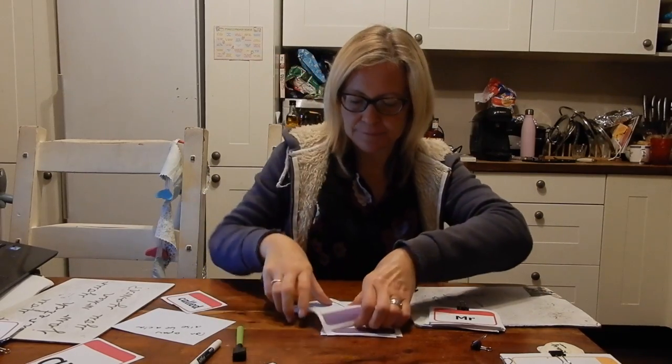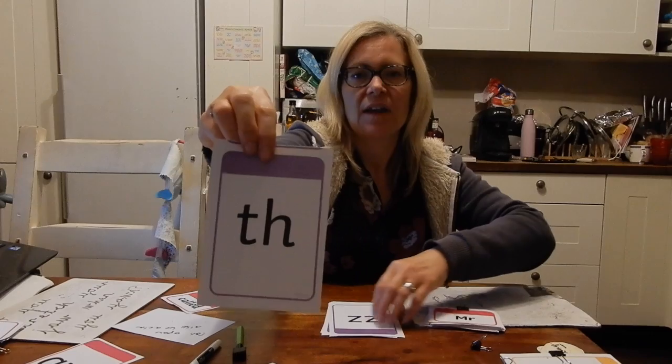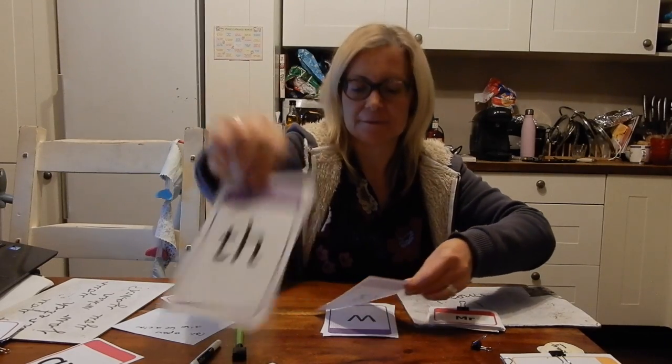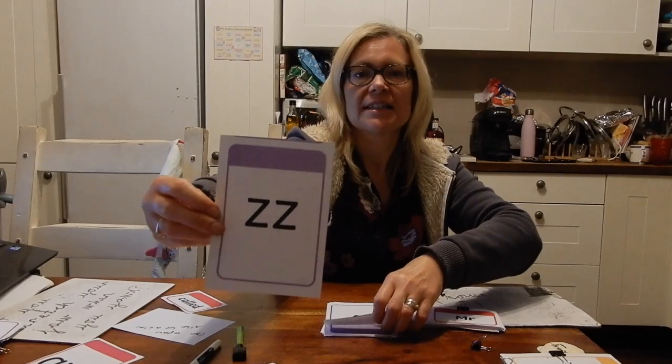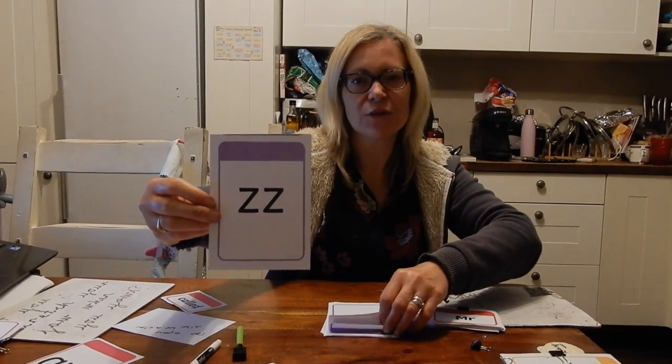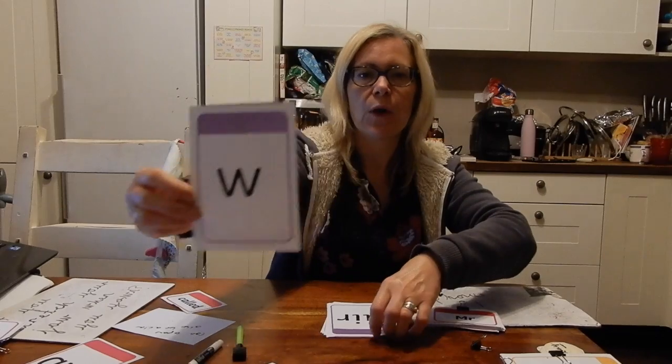I, soft th, or the z. And there's two of them, usually at the ends of words or the ends of syllables.